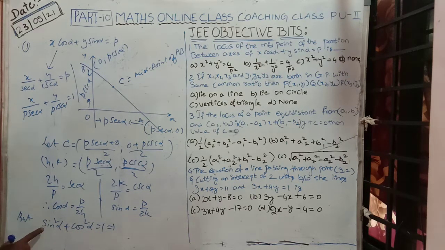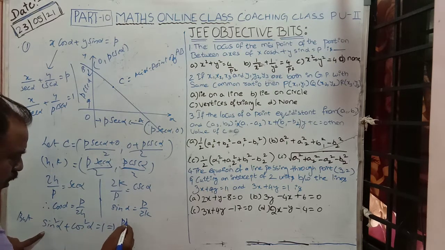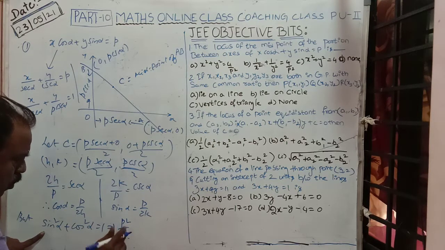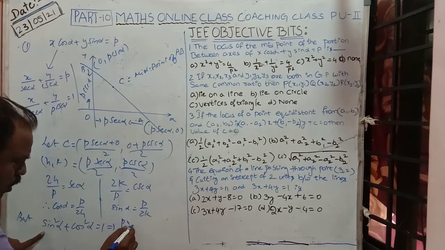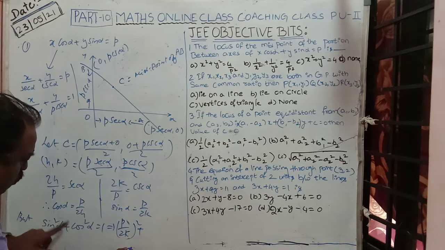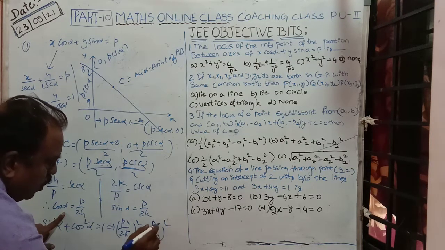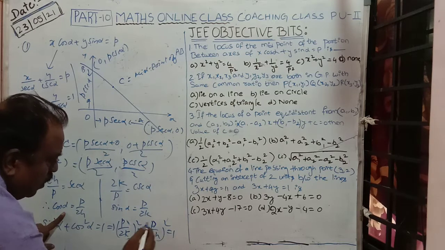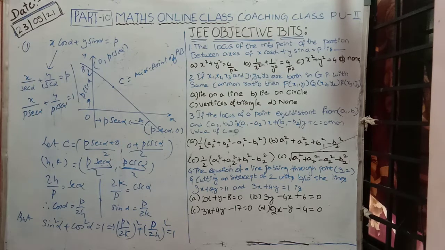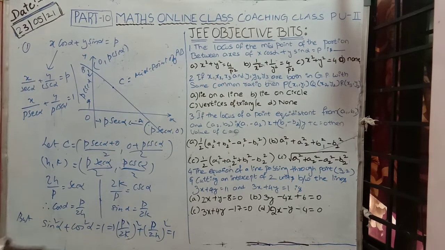You remember it, it's trigonometry. What is sin square alpha? It is (p by 2k) whole square. Cos square alpha is (p by 2h) whole square. Fantastic concept, please learn it well.